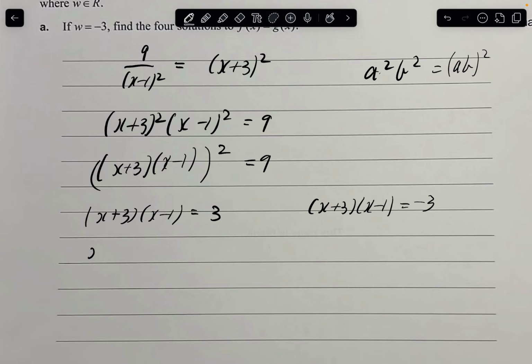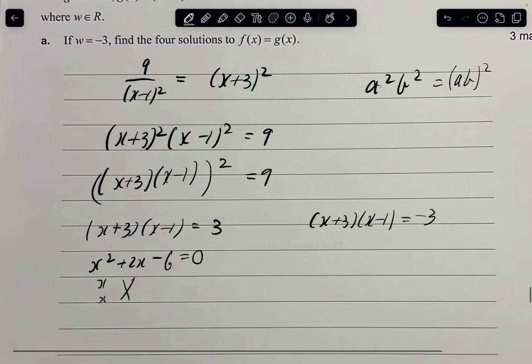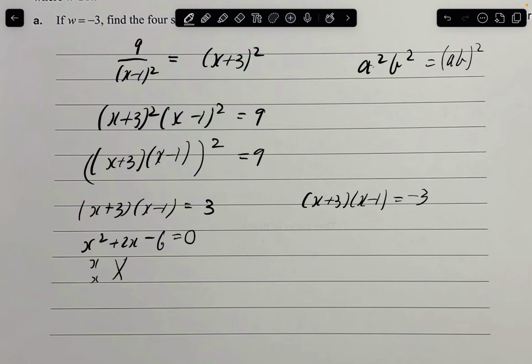So this will be x squared plus 2x minus 3 equals 3, which gives x squared plus 2x minus 6 equals 0. I don't think you can factorize that.